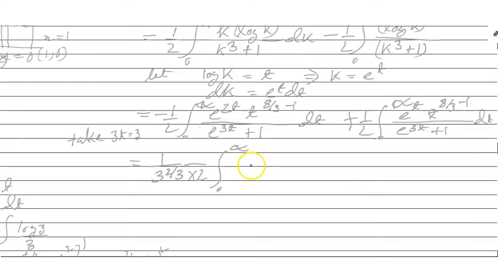So it is e to the power z by 3 into t to the power 8 by 3 minus 1 divided by e to the power z plus 1 dz, and minus 0 to infinity half into e to the power 2z by 3 z to the power 8 by 3 minus 1.